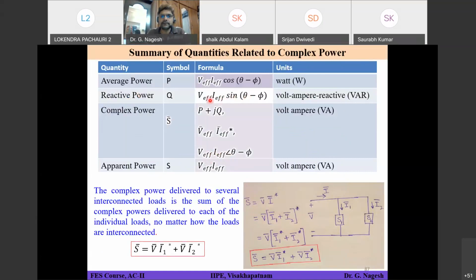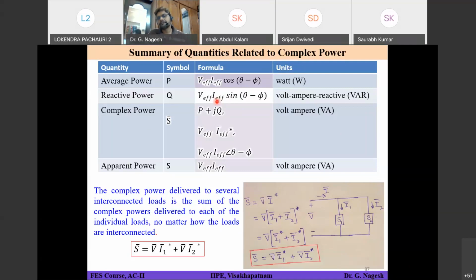Sir, we could calculate this by sine theta minus phi, which is 0.6 in our question. Cos phi is 0.8, isn't it, sir? Cos theta minus phi is 0.8 and sine theta minus phi is 0.6.